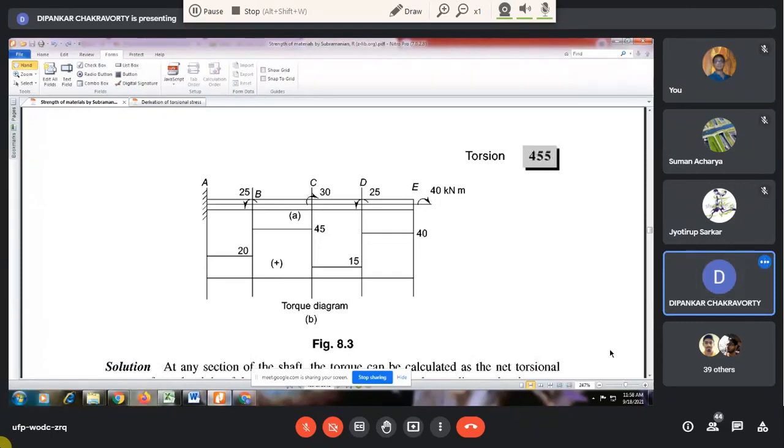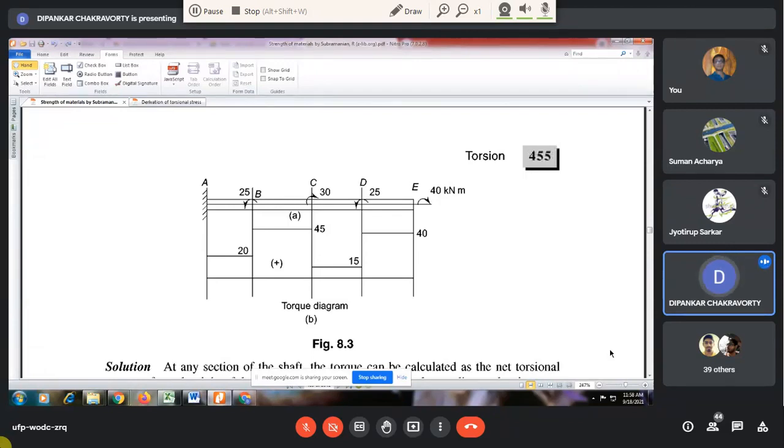Now to develop the torsion moment diagram, you have to initially choose a direction which is positive. There is no hard and fast rule which direction you take as positive, but once you assume a particular direction positive, you cannot overrule it in that particular problem.